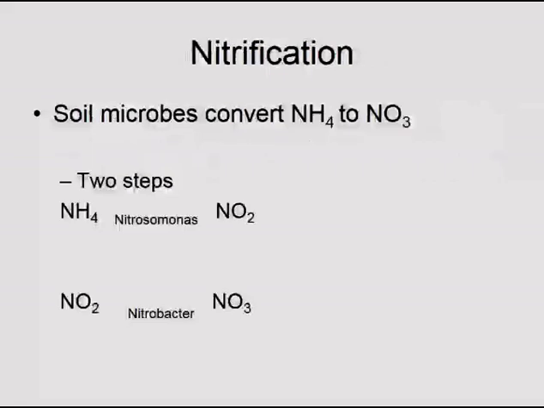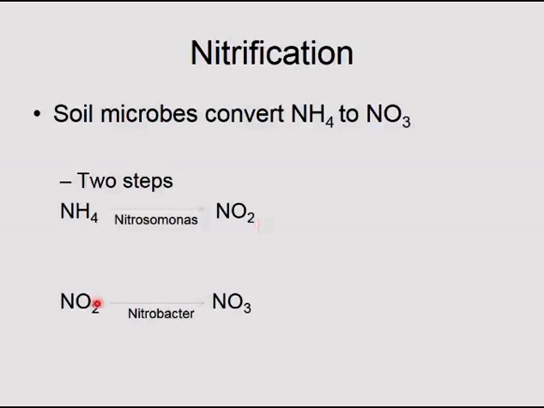Okay, nitrification. This is done by different microbes, and this is the conversion, you'll remember, from ammonium to nitrate, and it's two steps. The first step is we start with ammonium, and with the Nitrosomonas bacteria, this ammonium is converted first into nitrite.